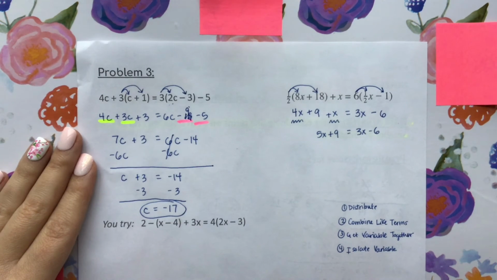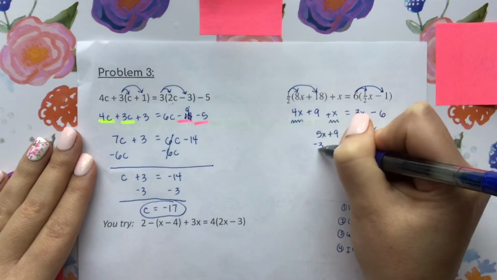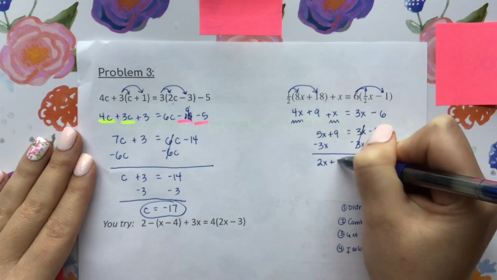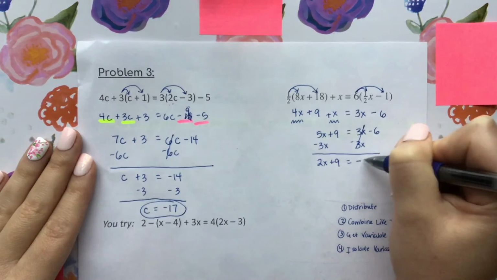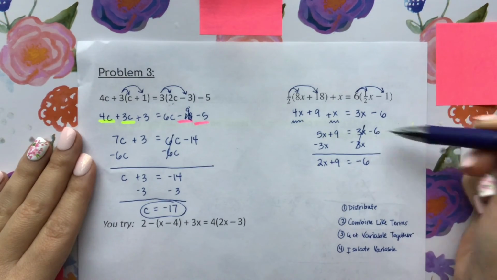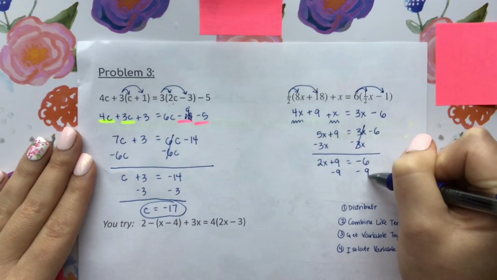Now I'm able to start moving my variables, so I'm going to subtract 3x from both sides of the equation, and I'm at 2x plus 9 is equal to -6. Don't lose your minus sign because it's in front of the 6. I know that means -6. Then I'm going to subtract 9 from either side.